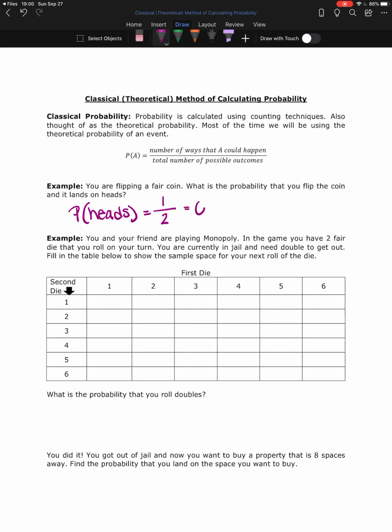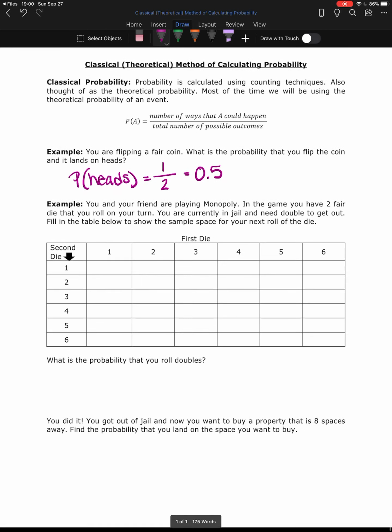So 1/2. We always want to report probabilities in their decimal form. We don't want to leave them as fractions, and we only want to take it as far as a percentage if we're explicitly told to do so. In this case, it didn't ask us to turn this into a percentage, so I'm going to leave it. So the probability that I get heads when I flip a coin is equal to 0.5.